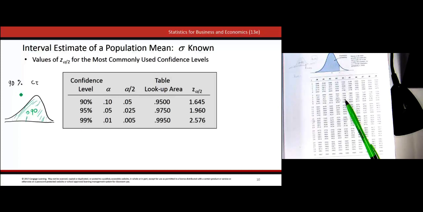What is alpha in this case? It is 1 minus 0.9, which is 0.1. Two-sided confidence interval, then alpha over 2 is 0.1 over 2, which is 0.05. So total area is what? 1. So what is the 0.05?